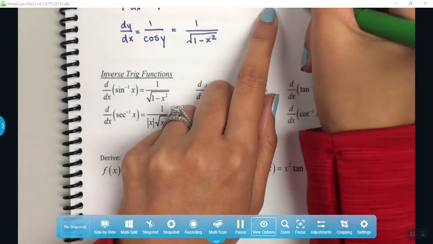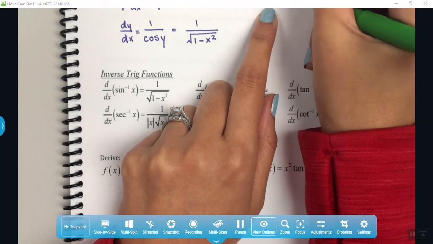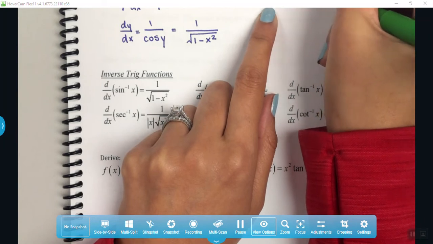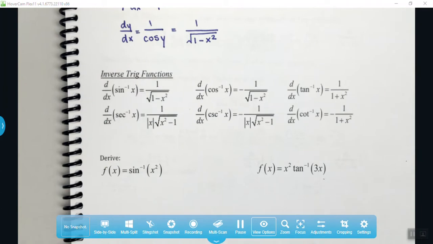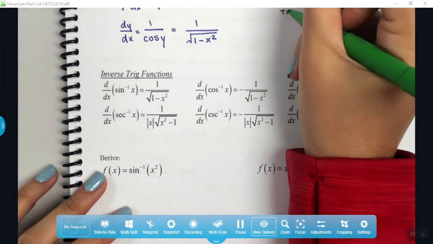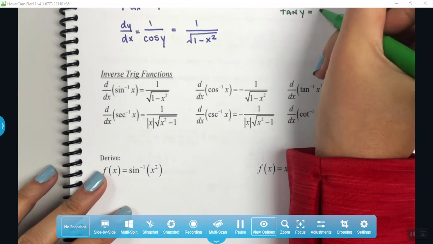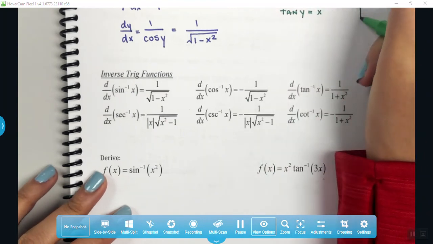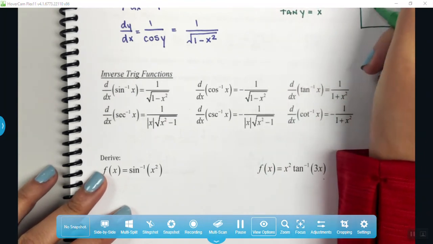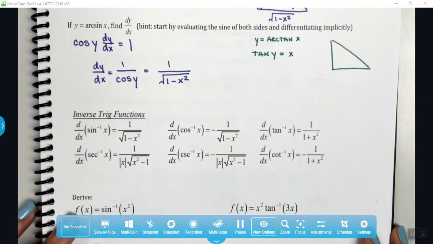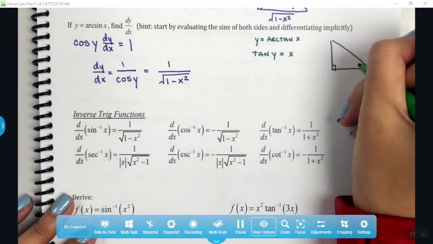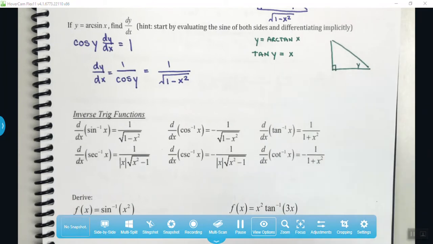So this is y equals arctan x. That means tangent of y equals x, right? So now we draw our triangle here. Oh, you can't see it, sorry. So here's the right angle, y is our angle.